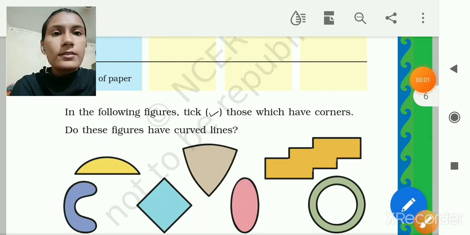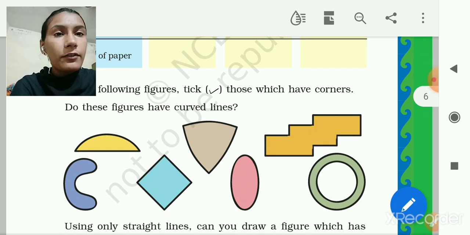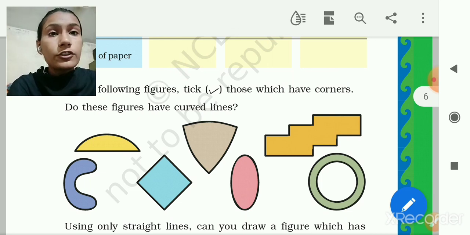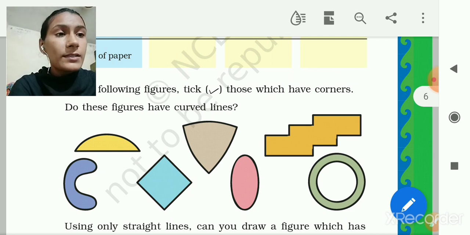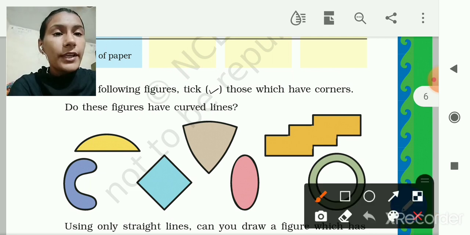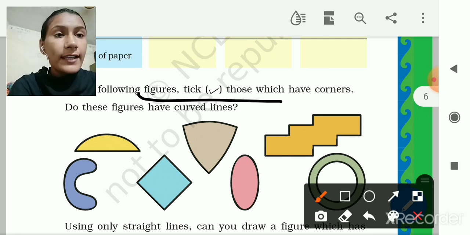The next one is, in the following figures, tick those which have corners. So first we will tick those figures which have corners.